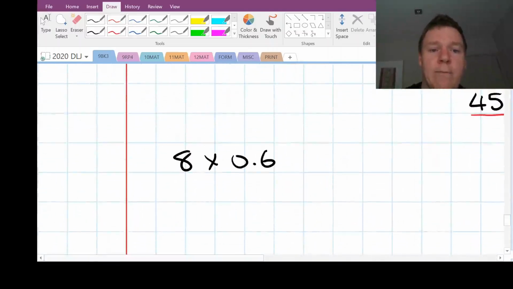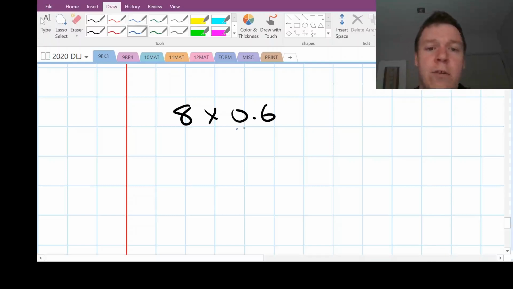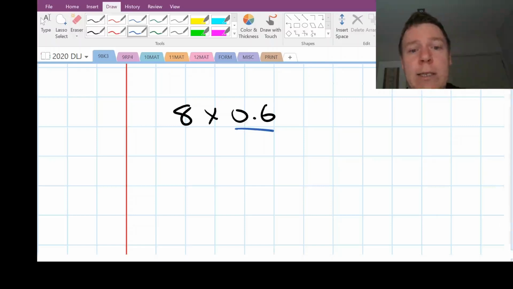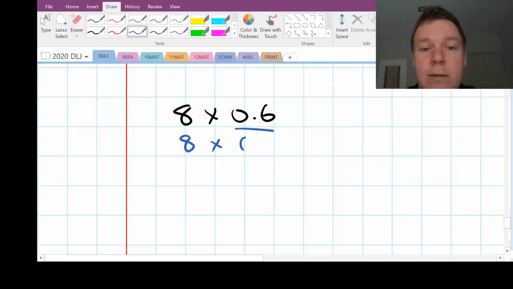Alright, now if we come to do something like this, 8 times 0.6, what I think is a good way of solving a problem like this is to just change the 0.6 back to a combination of regular numbers and a 0.01 or 0.1. You get the idea. So 8 times 6 times 0.1.